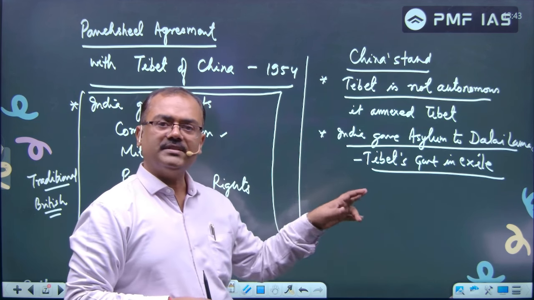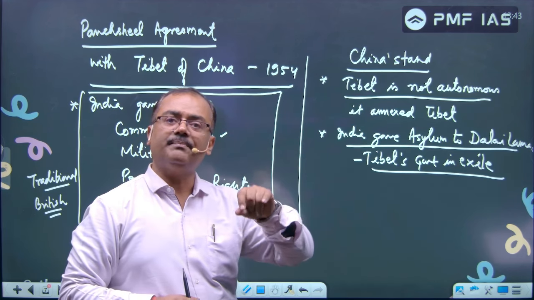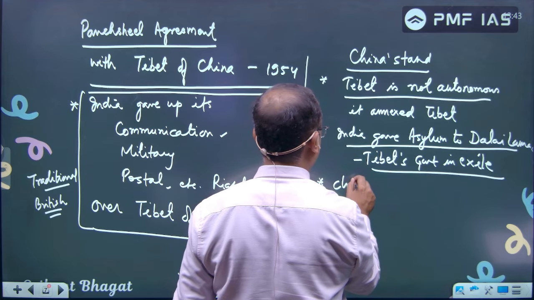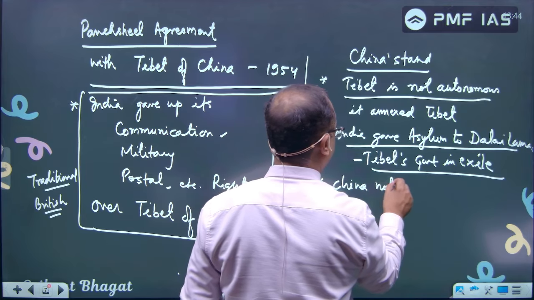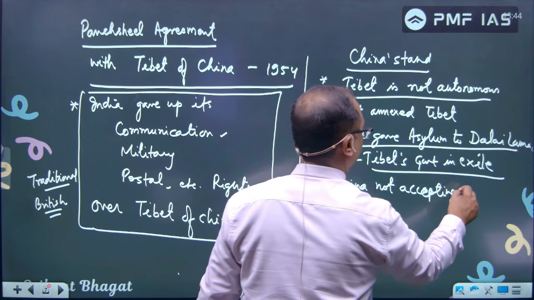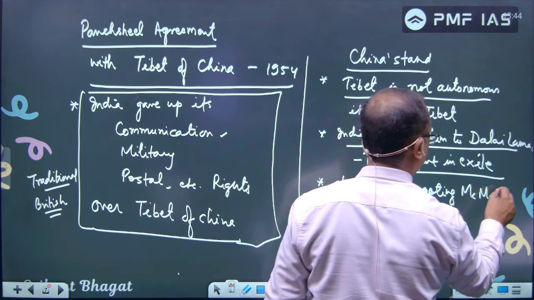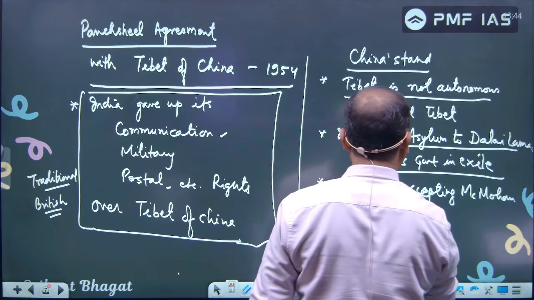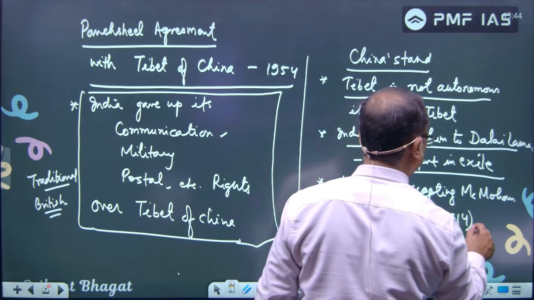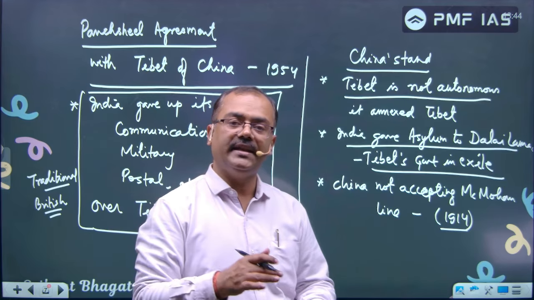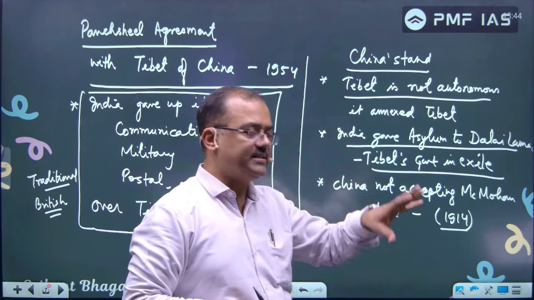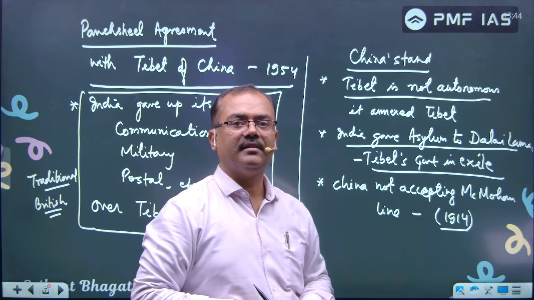Plus, China is not accepting the McMahon line. McMahon line was drawn by British India and was recognized as a boundary of India and China.